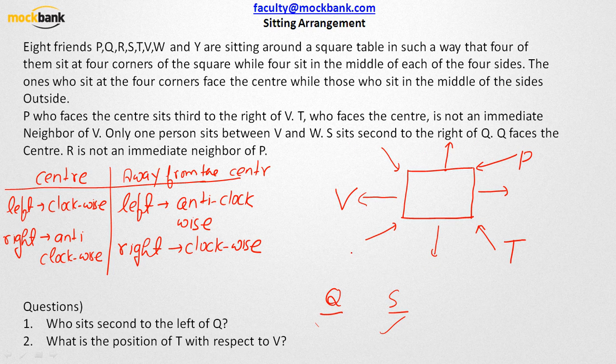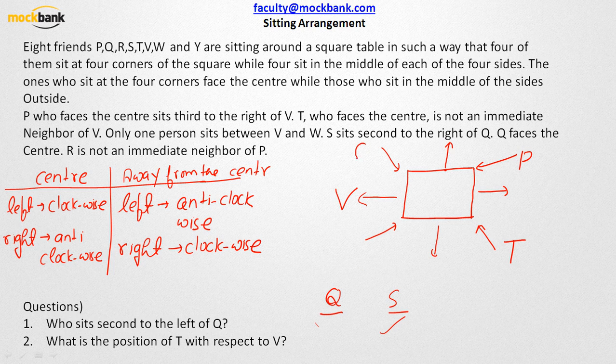If I take Q to be at this position, since Q is facing the center, can you see that if I have to take the right, I should be moving in the anti-clockwise direction, and over here this is T. So T is sitting over here, that hence Q cannot be here.